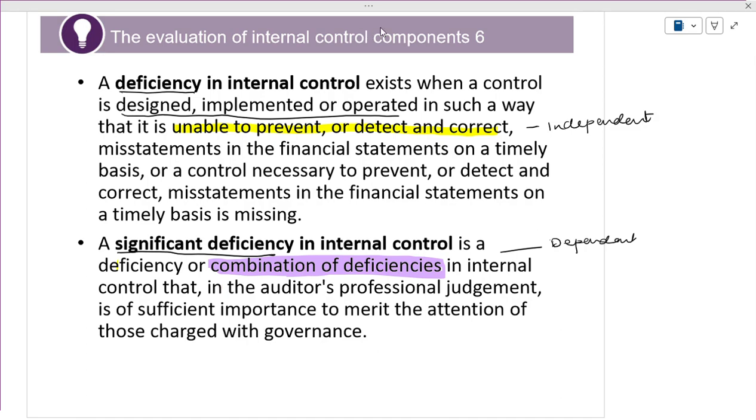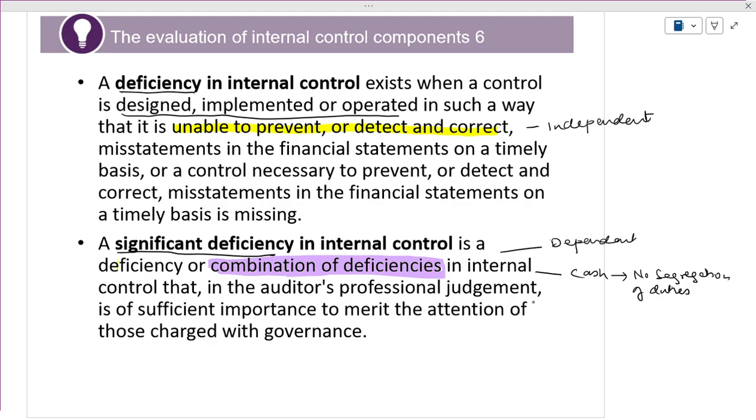But assume you are talking in terms of cash, and there is no segregation of duties. It is a significant deficiency, because you have a combination of deficiencies.